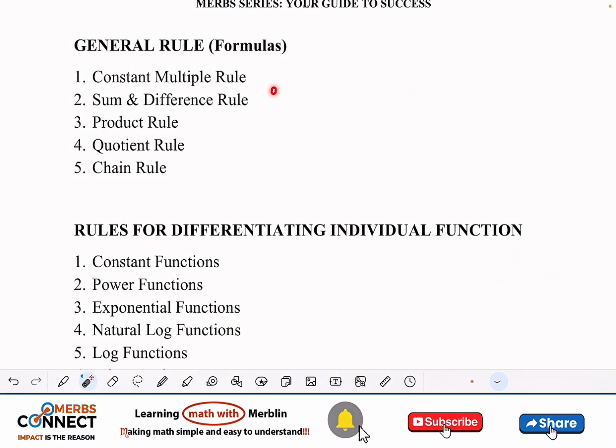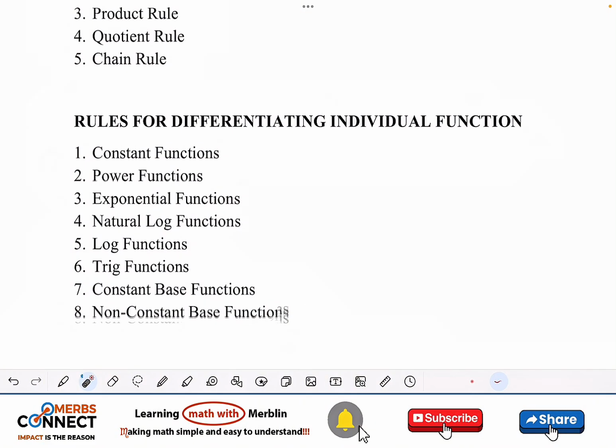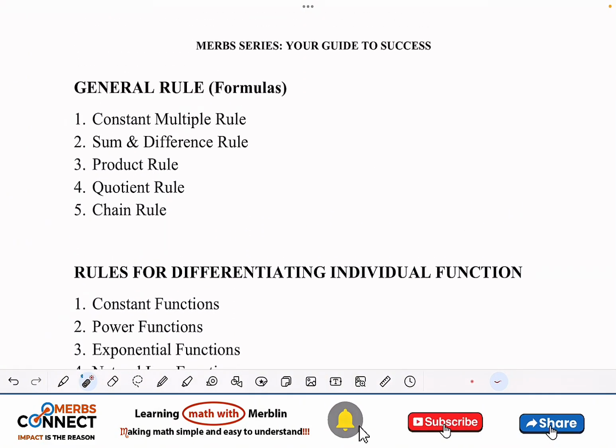In addition to these formulas, I know how to go with the chain rule. I know how to use the quotient rule, product rule, sum and difference rule, and then the constant multiple rule. Combine this with this one. If you have them in mind, then you are the best person.